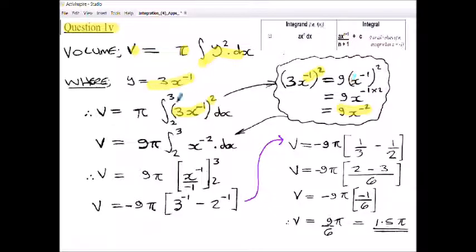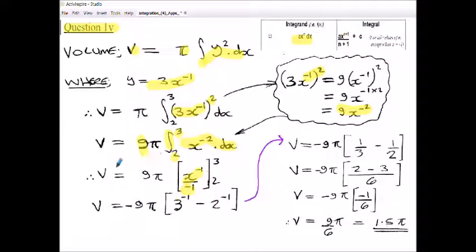So our integral is actually of x to the minus 2 with respect to x between the limits of 2 and 3. I've simply taken the 9 outside because that's a constant factor, so it can go outside with the pi. When we integrate x to the minus 2, don't forget that's a standard form of ax to the n. Just be careful of your directed numbers there, but we end up with x to the minus 1 upon minus 1, or simply minus x to the minus 1.